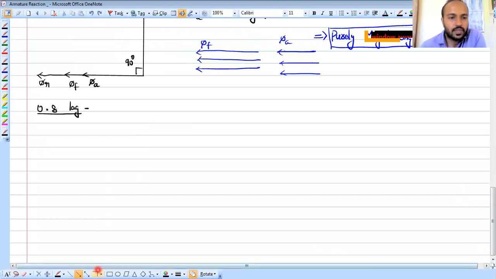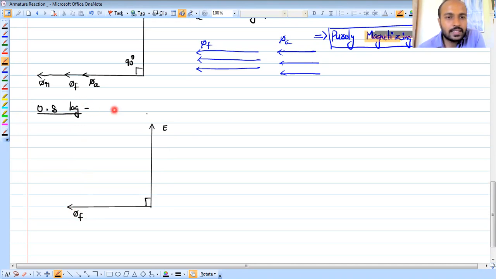So let us see. Now in the case of 0.8 lagging, this will be the magnetic field, and this is our induced EMF. So induced EMF and main magnetic field. So our phi A lags this induced EMF by some angle, 0.8 power factor, cos inverse of 0.8.